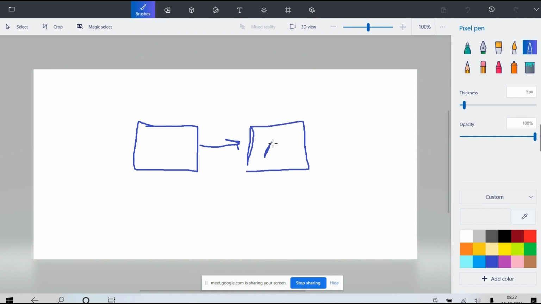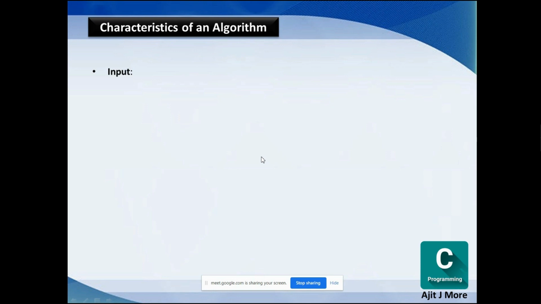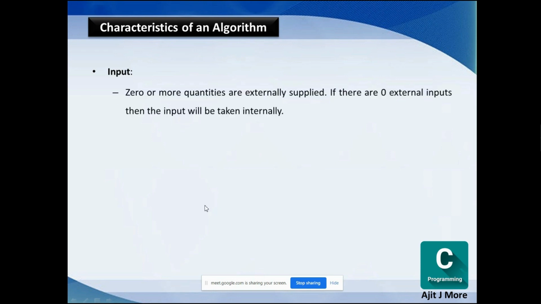This is algorithm 1, and this is algorithm 2. The result of algorithm 1 is needed in the second. So this algorithm is not taking external input, it is taking input internally, therefore it is 0. In algorithm 1 we are giving input externally. Some algorithms may take input internally, meaning it is given indirectly. So that is the first characteristic.